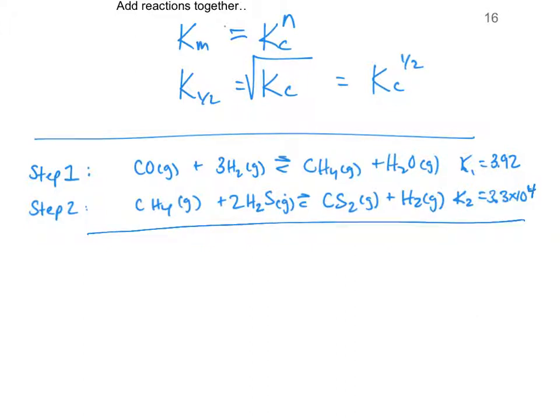Let's say we add these reactions together. Our methane is going to cancel. You know what, I missed this stoichiometric coefficient here. This should be 4 hydrogen in the product side of step 2. So 3 of the hydrogen on the reactant side of step 1 are going to react with 3 of the hydrogen on the product side of step 2.